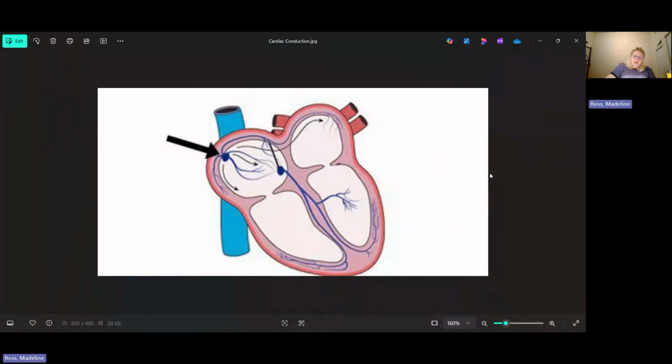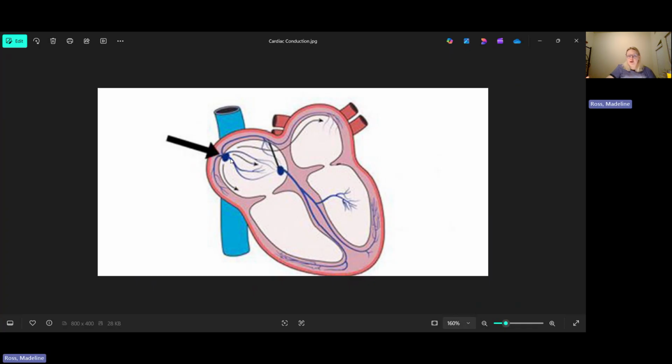So just looking at this, this is the typical conduction route of the heart. When they mention the SA node, that's right here, that's your sinoatrial node, because it sits in the atria, the right atrium specifically, that's where your primary pacemaker is.